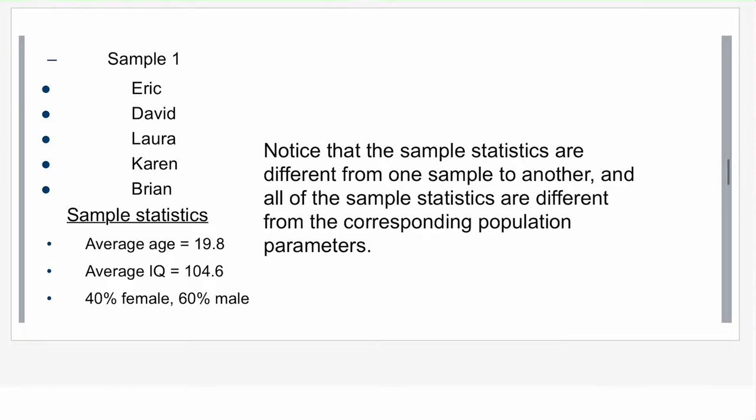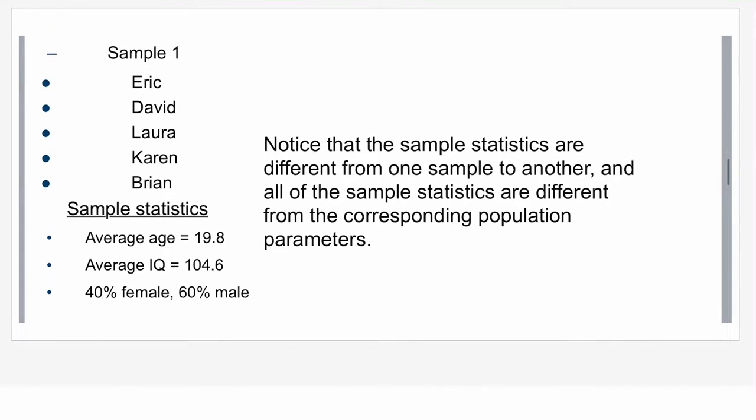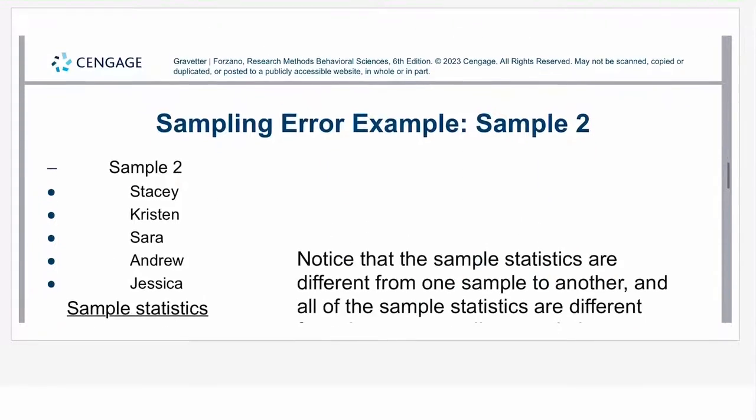So sample one is these 5 students, and we find that their average age is lower because remember the population was 21.3. The IQ is lower because the population IQ was 112, and the male-female breakdown is different because there was 56% female and 44% male in our population. So the sample does not completely 100% accurately represent our population, right?